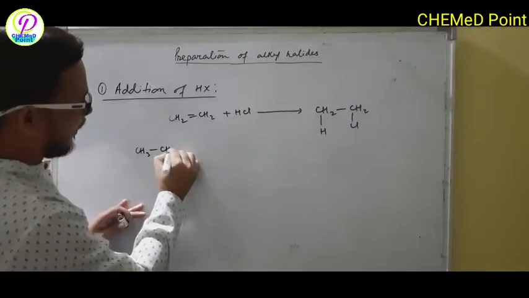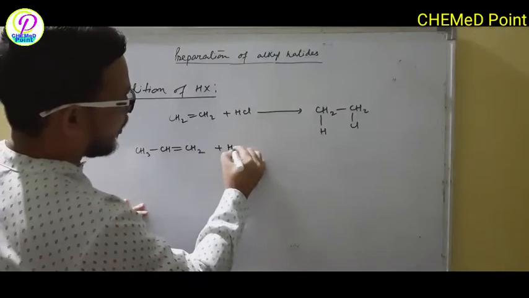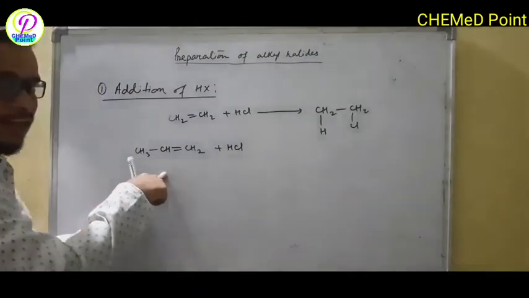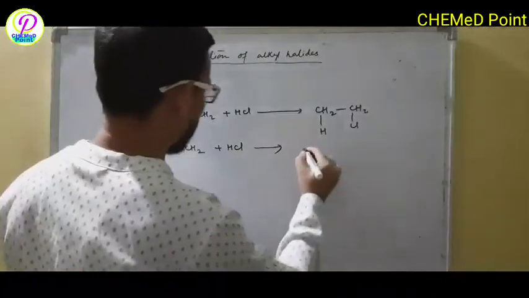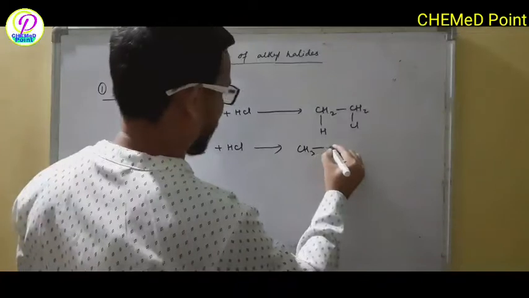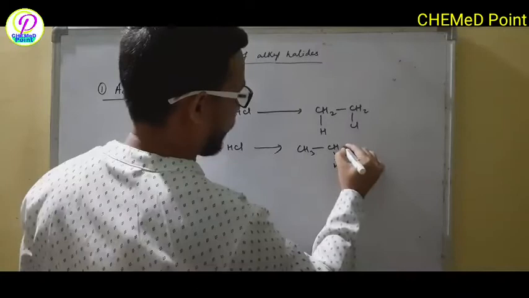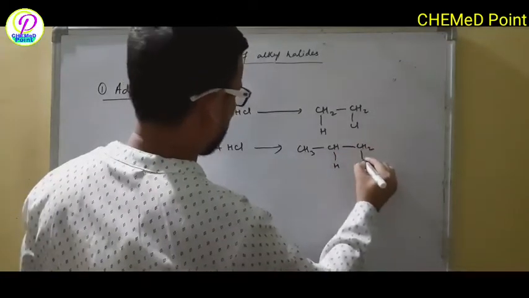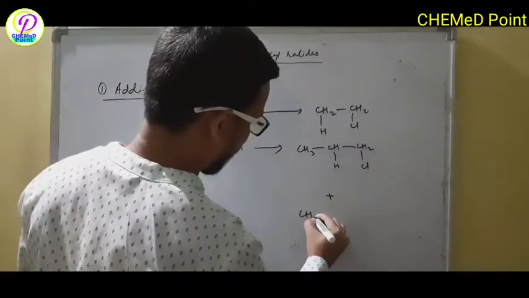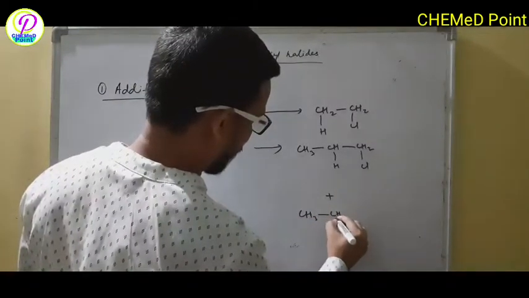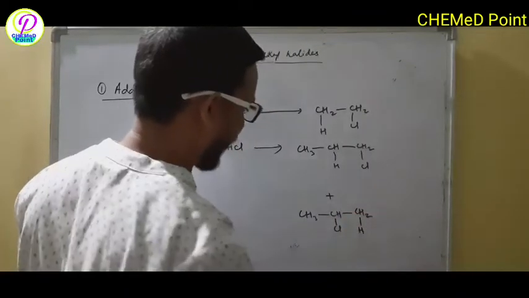This is an unsymmetrical alkene, and if we add hydrogen halide to this unsymmetrical alkene, there is a possibility of two products, that is CH3CHClCH3 or CH3CH2CH2Cl.